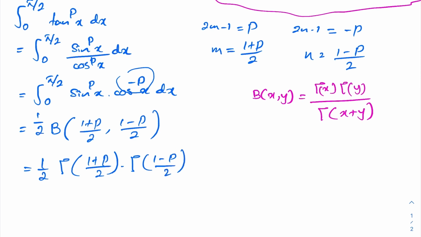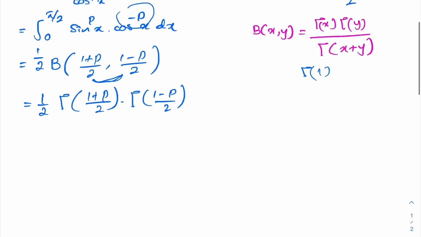If we take the sum of this part, we get gamma of 1, which we know is 1, so the denominator will be 1. Then now we have gamma of 1 plus p over 2 times gamma of 1 minus p over 2.